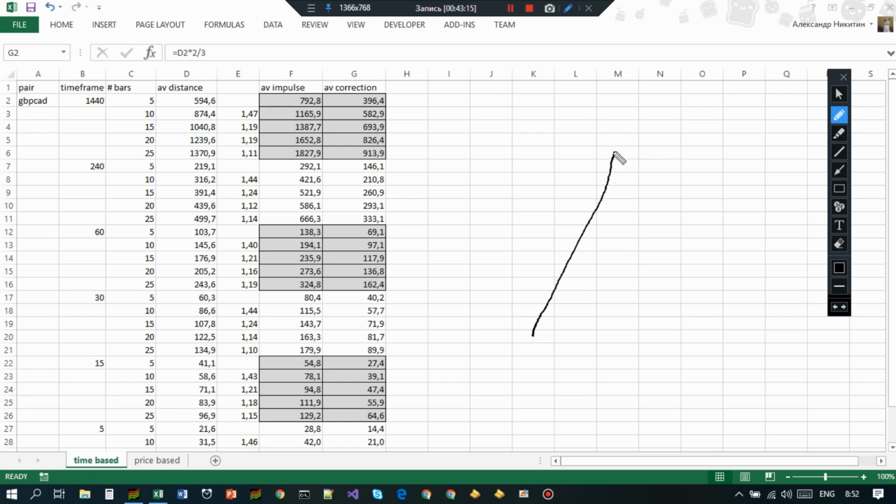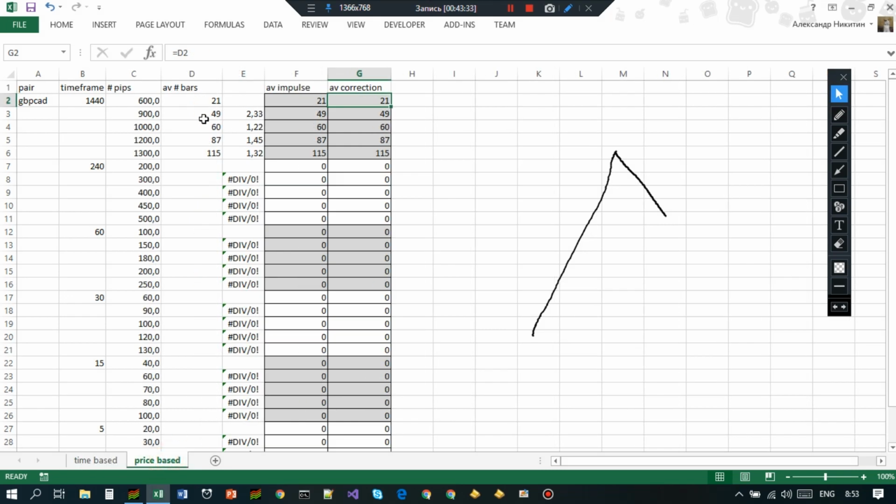Your average correction should go to 396. And you know that if you use 396 algorithm, we don't have it here, then it should take you a number of bars, and you know when it should happen. It should happen after 5 bars, for example.